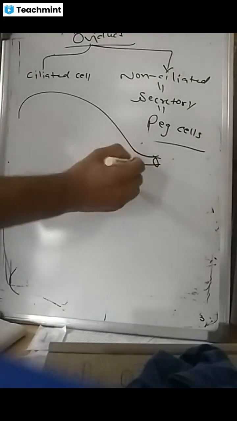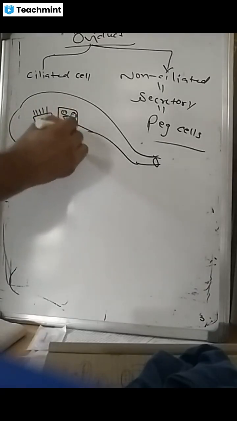If we look at the duct, what we find are some ciliated cells and PEG cells.